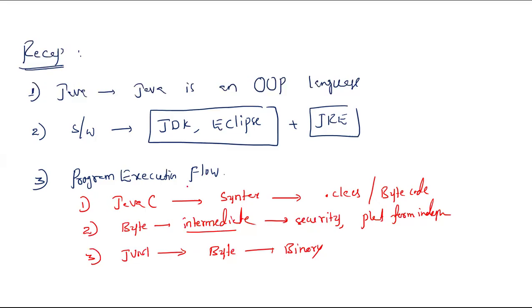After these things, we started discussing Java data types. When it comes to Java data types, there are two different categories: primitive and non-primitive.